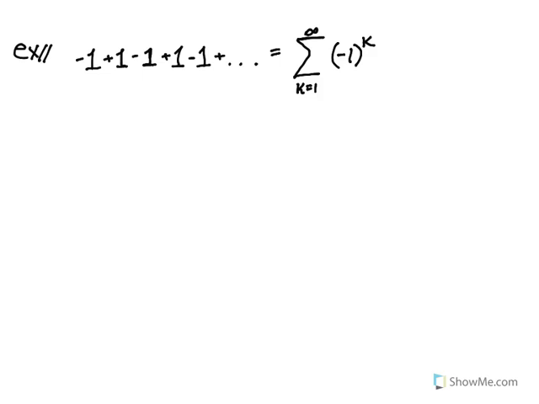In this case, the sequence a_k in our definition is just equal to 1, because we can say this is equal to (-1)^k times 1. So a_k equals 1, and of course this is a positive sequence.